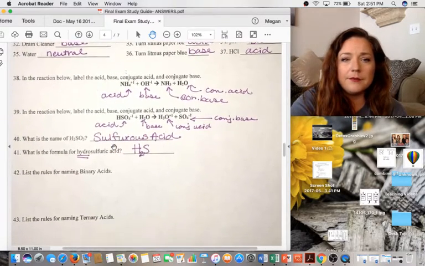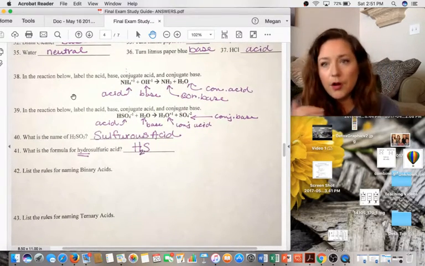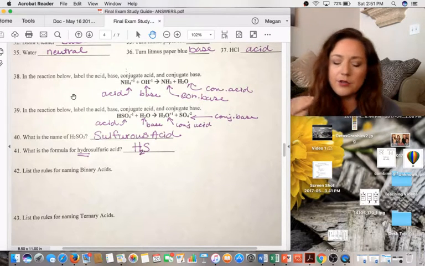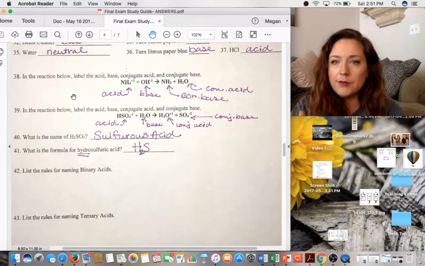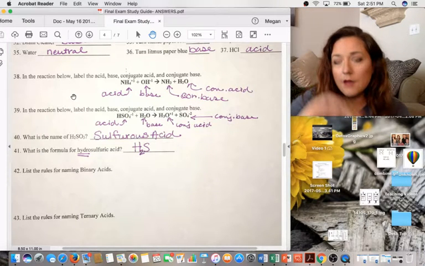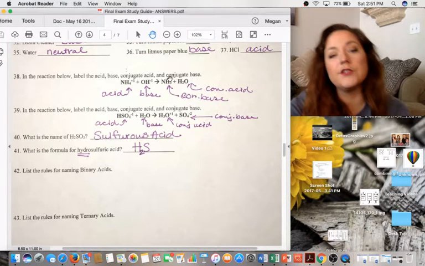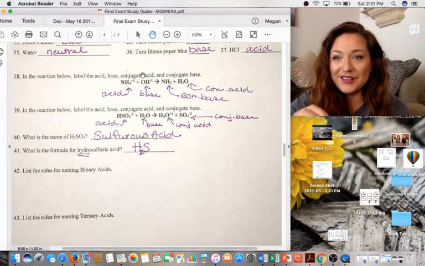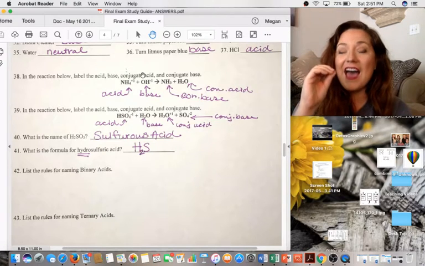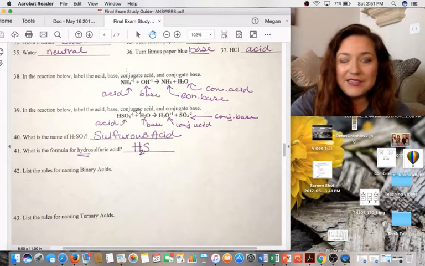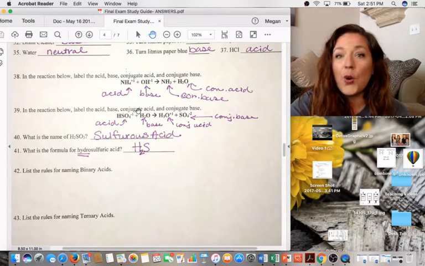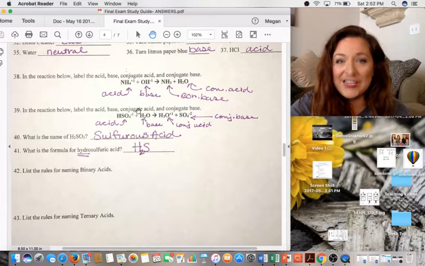Here we go. You are going to have 2 of these on your final, and I would really encourage you to try to remember a few things. First off, your reactants are either the acid or the base, not your products. Acids or bases are defined with your reactants. The easiest way to remember this is who gave up the hydrogen.